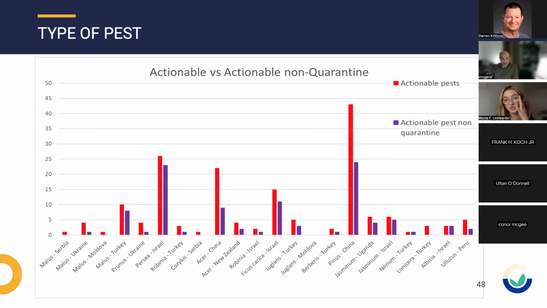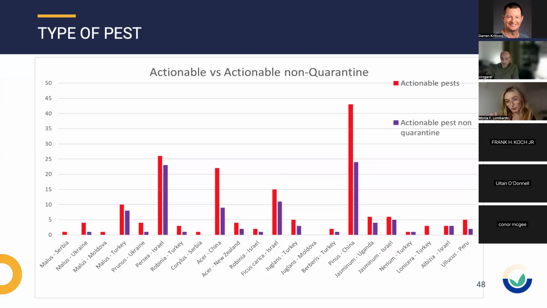And looking at third countries within the European area, such as Serbia, Moldova, Ukraine, non-quarantine pests are not often ultimately selected. This could be explained because the majority are already inside the European area and therefore do not meet the inclusion criteria, because maybe they are present in more than three European countries.